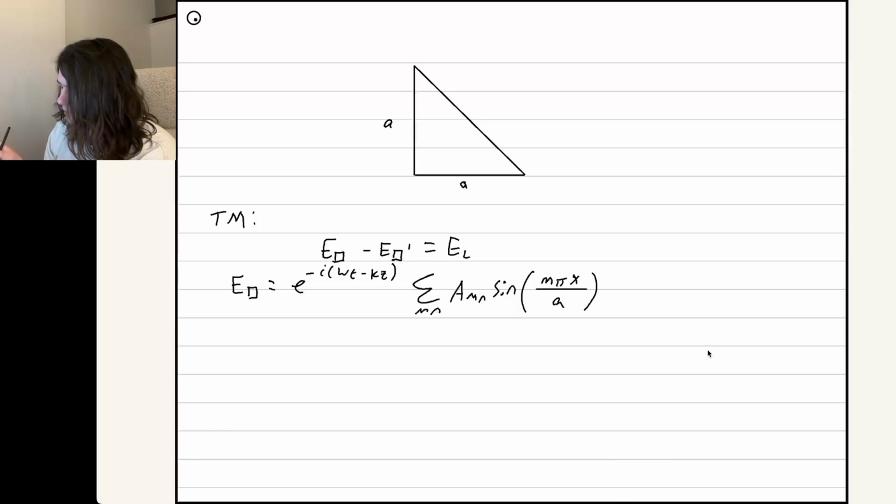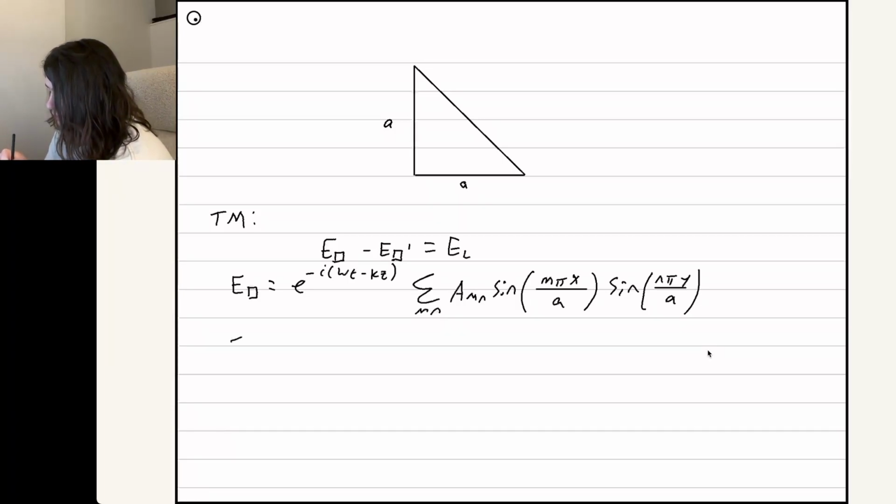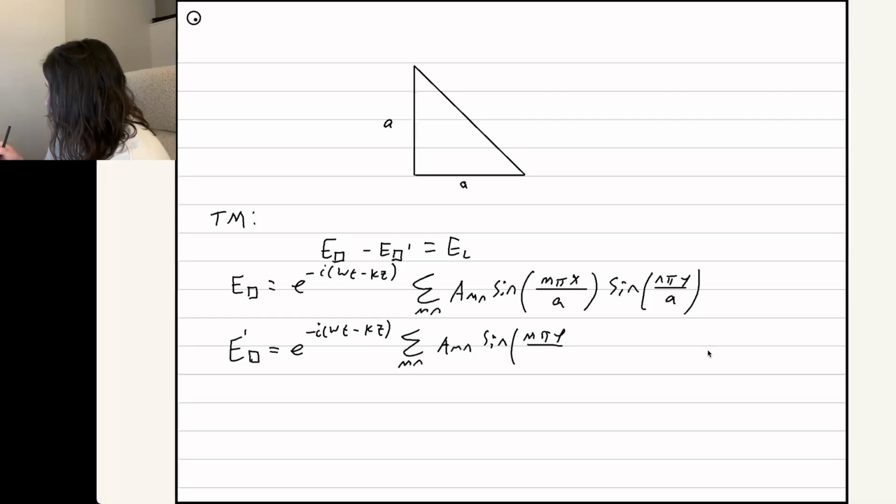So this is A, and this is A. That's the solution for a box of side length A. And so on the symmetry side, flipping it along the y equals x line will make it so that this is now sine of m pi y over a, and this is n pi x over a.